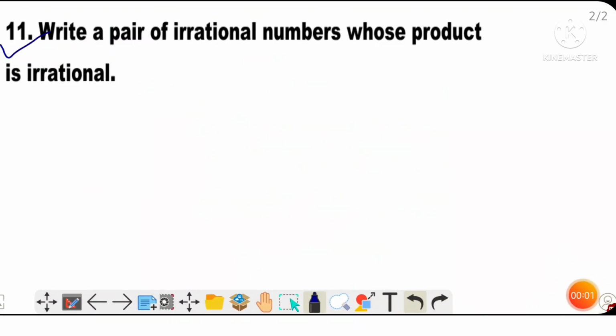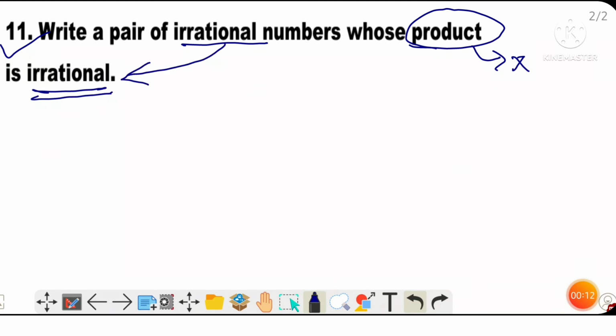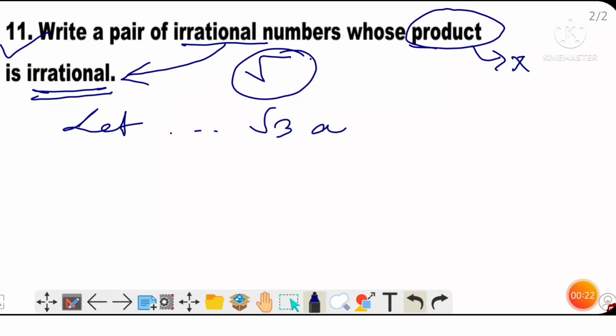The next question is, write a pair of irrational numbers whose product is irrational. Product means multiply. So here we have to find irrational number from irrational number. For that, we'll have to keep the root. So that's why we'll take the different number inside the root. If we'll take the same number, it will be square and the square will cancel the root. So let's take root 3 and root 5.